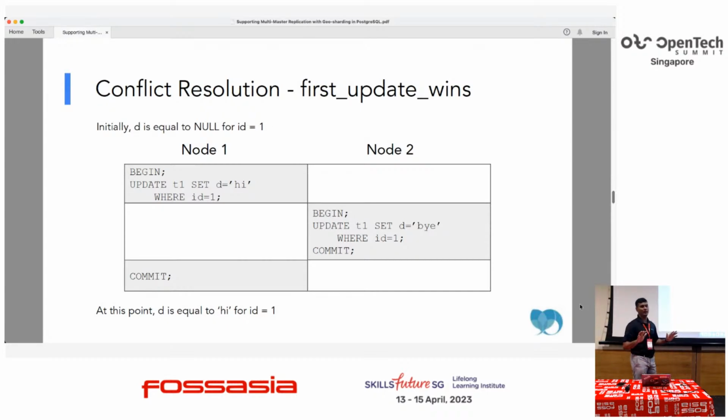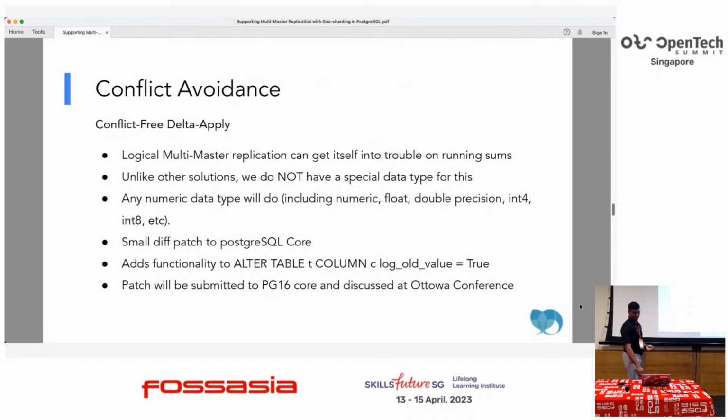Up until now pgEdge supports 5 nodes. So, you will be able to set up 5 different nodes in 5 different regions on AWS and Azure. And then for conflict avoidance, we have not created any CRDTs. CRDTs stand for conflict-free replicated data types.